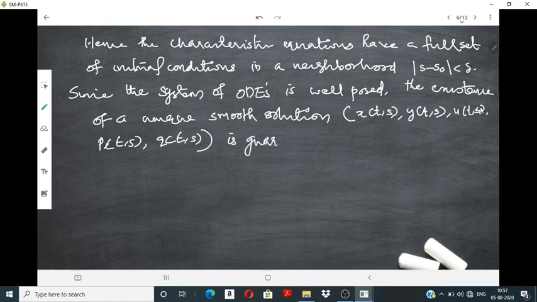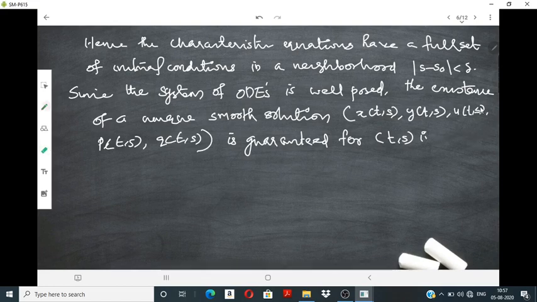What's the reason? It follows from the existence and uniqueness theorem for each initial value problem, which is guaranteed for t, s in a neighborhood. In which neighborhood? A neighborhood of the initial point.